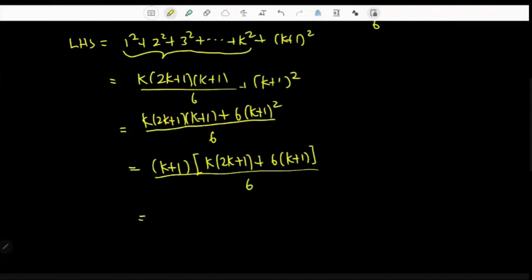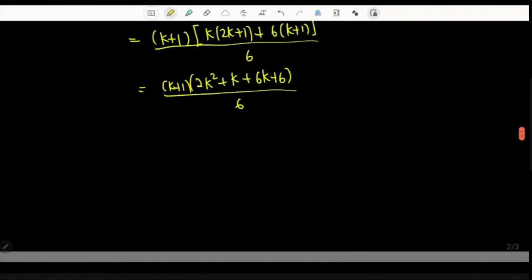If we simplify the second factor, we have 2k squared plus k plus 6k plus 6 all over 6. So that's equal to (k plus 1) times (2k squared plus 7k plus 6) all over 6.